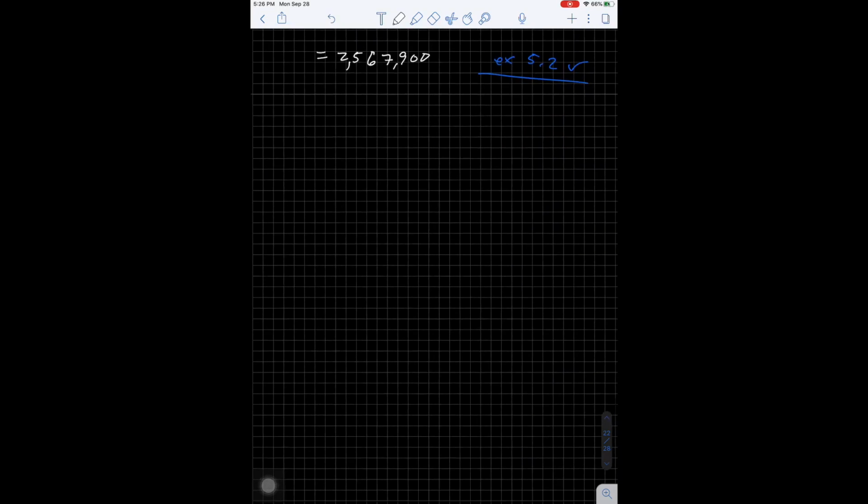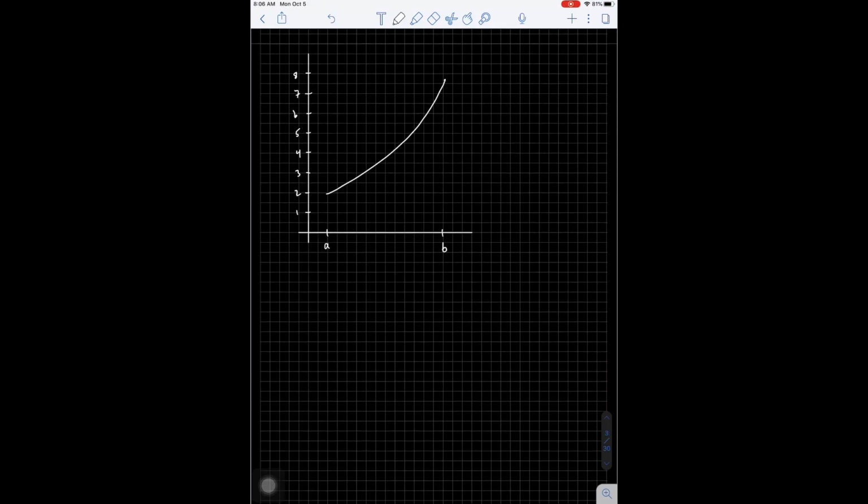All right, now we're going to jump to approximating area, and I'm going to use some of this sigma notation in it. For approximating area, we don't have the formulas that we learned in geometry, you know, area of a square, area of a triangle.